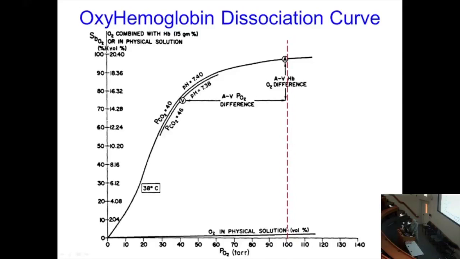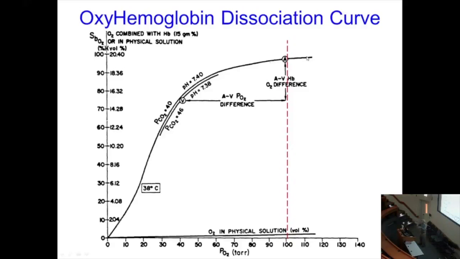Around partial pressures of oxygen of 100, so kind of alveolar partial pressures, typically 100, but we'll see later that depending on where you are in the lung, there may be alveoli with a PO2 of 80 or 90, let's say, all the way up to 130. So there are alveoli that have a whole range of PO2s, but the curve is very flat in this region.